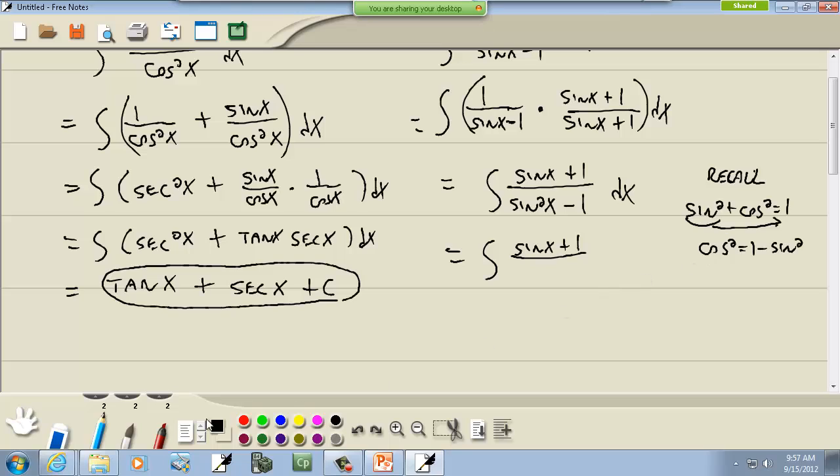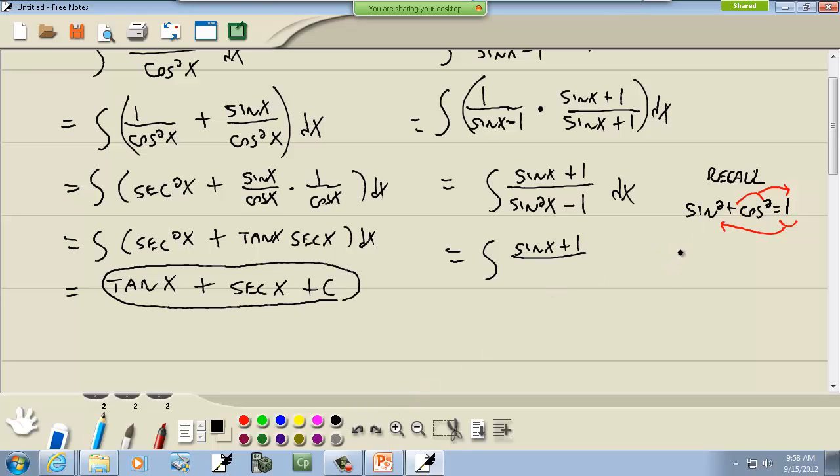Actually, I did that in the wrong direction. Let me try it again. Probably should have a script right here so I never screw up. But it helps to actually look at what you're trying to achieve. We want sine squared minus 1. So I'm going to take the 1 over to here, and I'll take the cosine squared over to here.